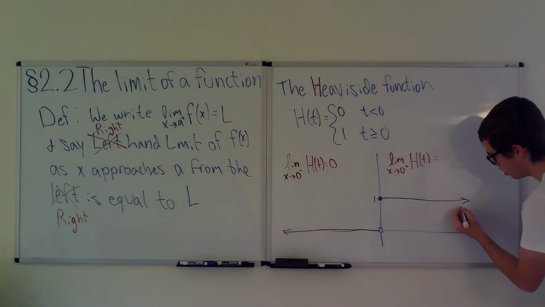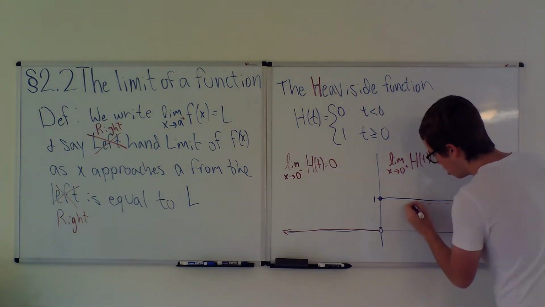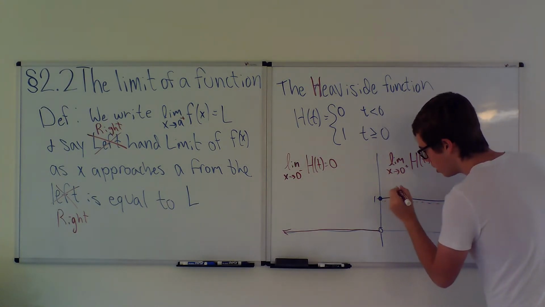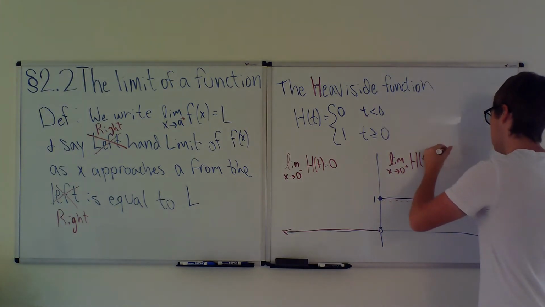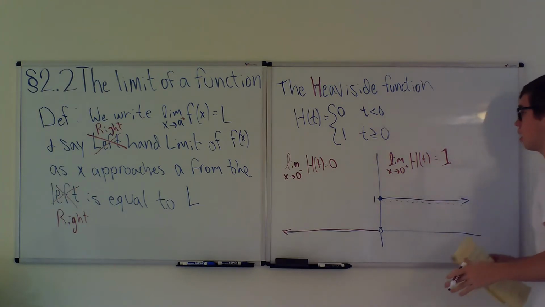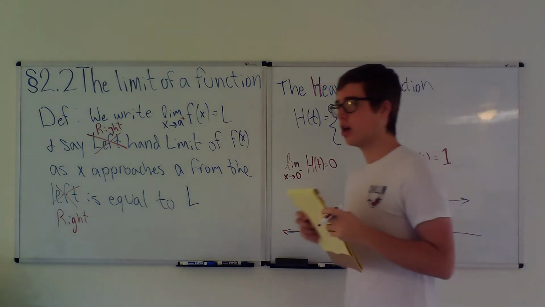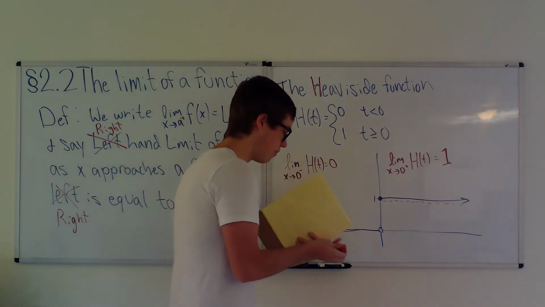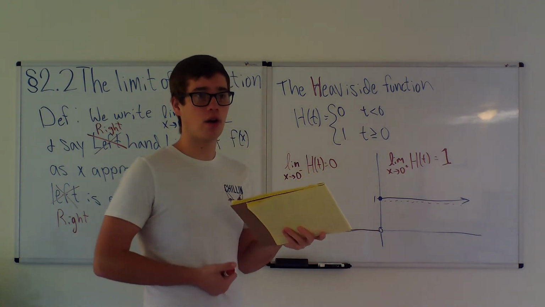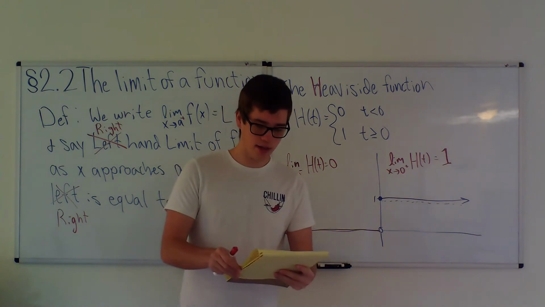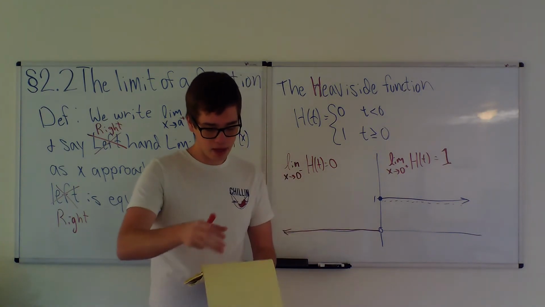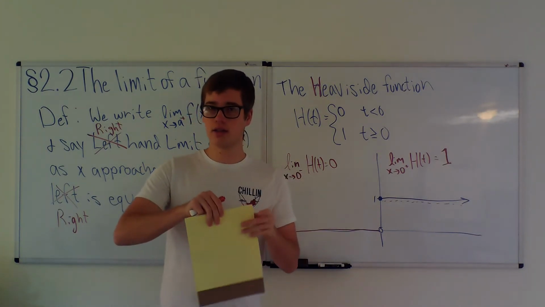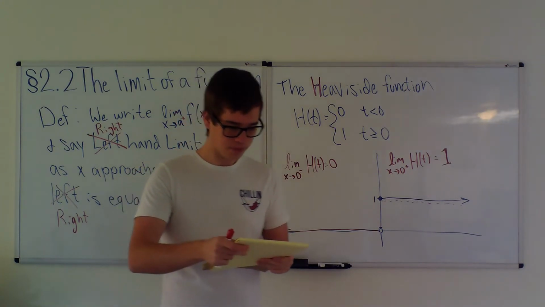Well, we move along and we see it approaches 1. So we can see from this function that a function can have two different side limits, but if the one-sided limits are different, then the limit of a function does not actually exist.